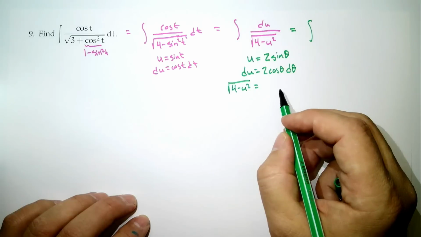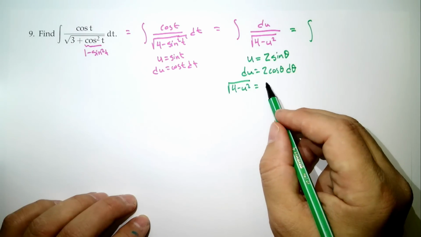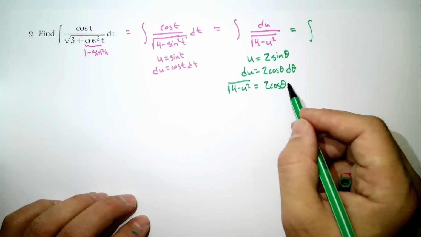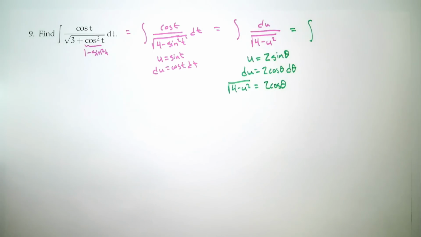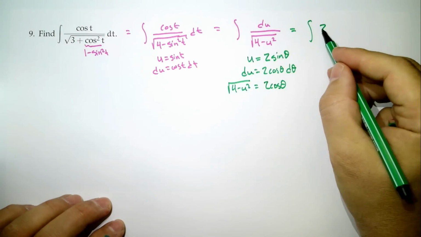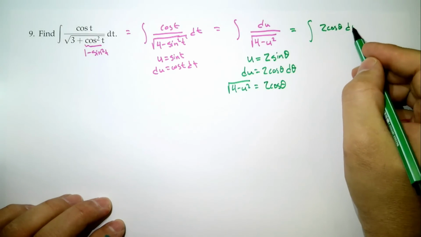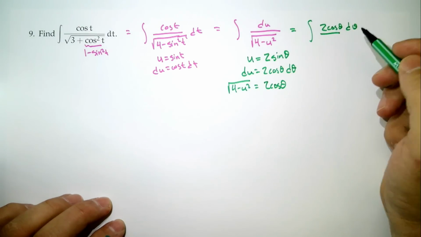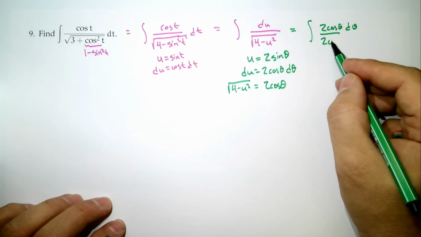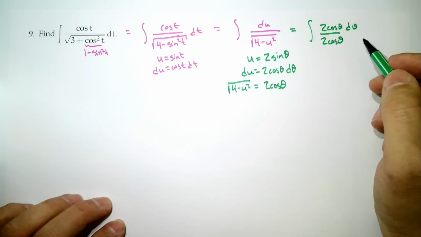If you work that out, what will that become? 2 cosine theta. It's set up so that it cleans up very nicely. That's why we choose trig substitution. So we get the du, well, that's 2 cosine theta d theta, over the square root of 4 minus u squared, which becomes 2 cosine theta.